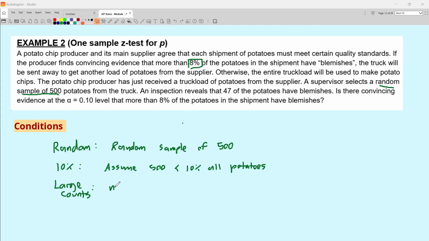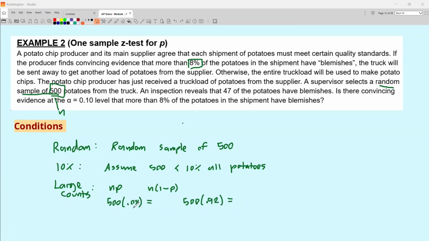So our large counts, np and n(1 minus p). So our n is our sample size. That's going to be 500. So we have 500 times 0.08, and you can do that calculation in your calculator. And then we have 500 times 1 minus 0.08, which is 0.92.